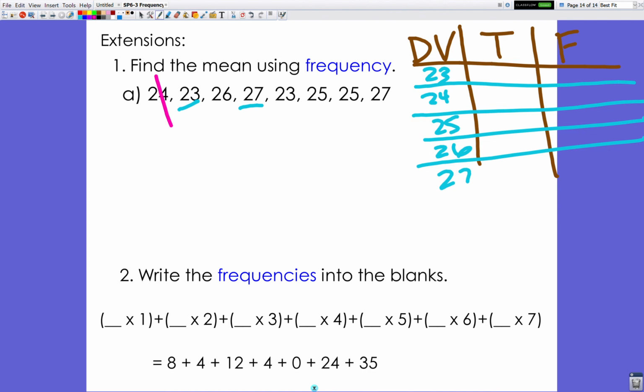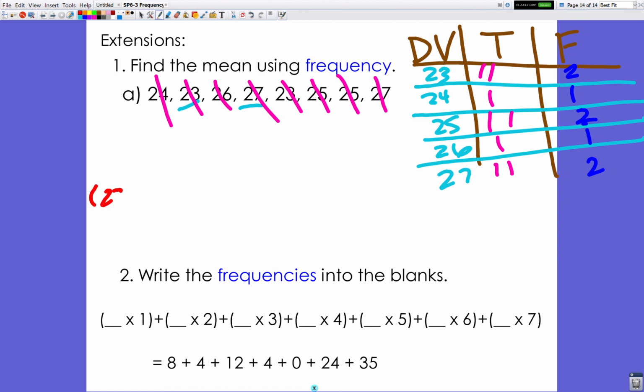So now we have tallies. So 24, 23, 26, 27, 23, 25, 25, 27. And now our frequency. 2, 1, 2, 1, 2. This one ended up being a pattern. Cool. And now we can solve for our mean using the frequencies.